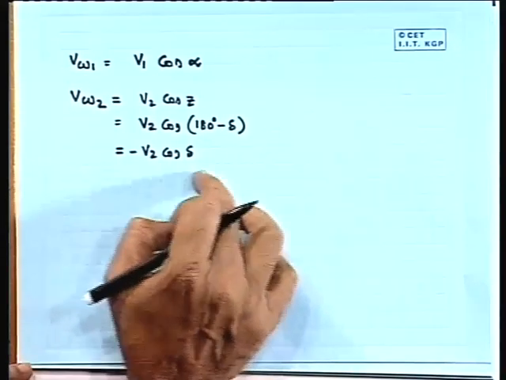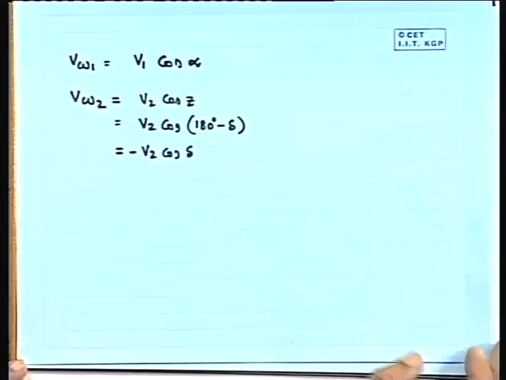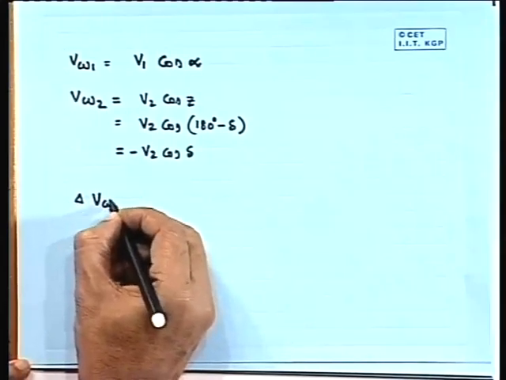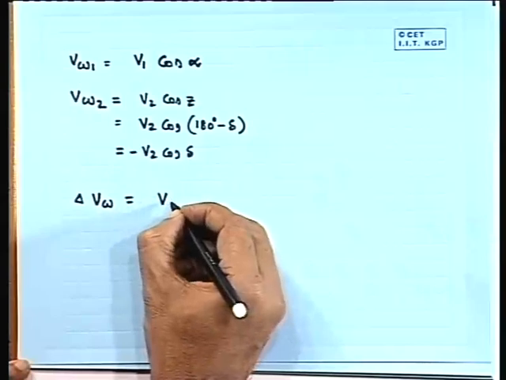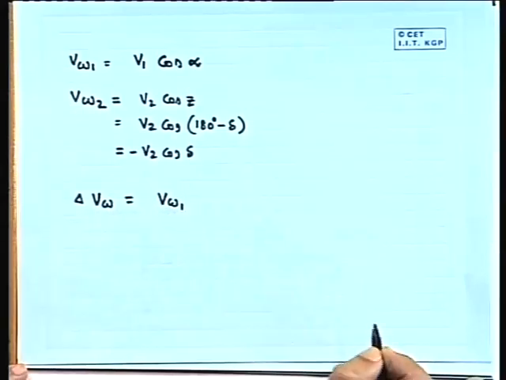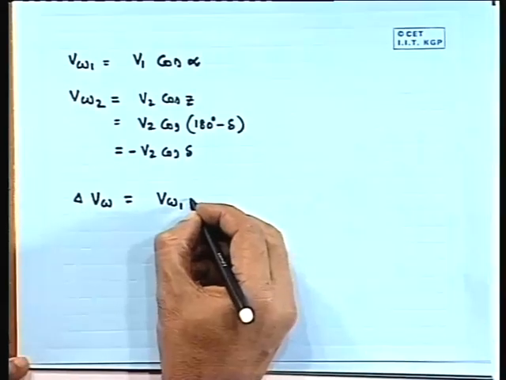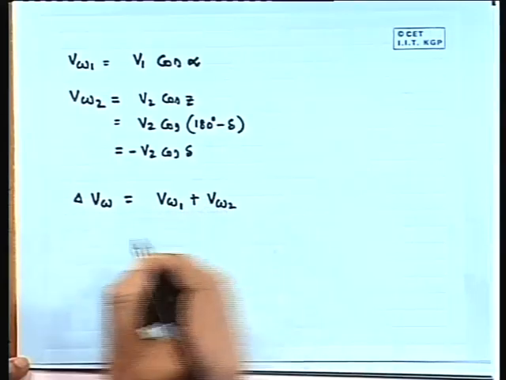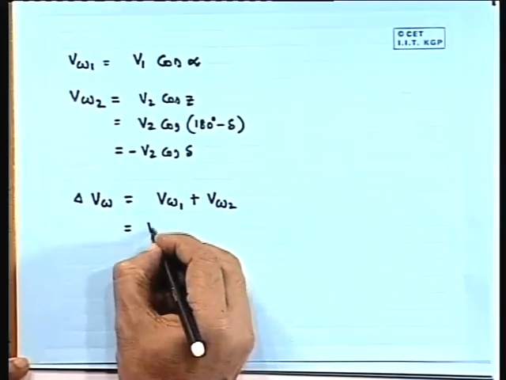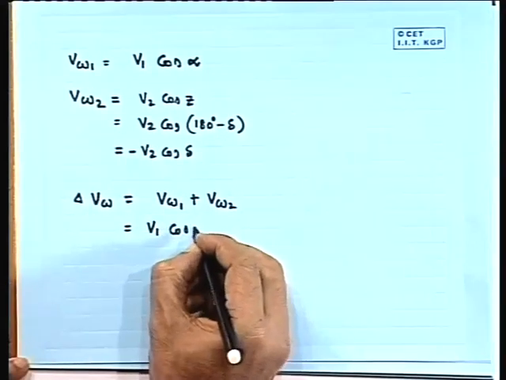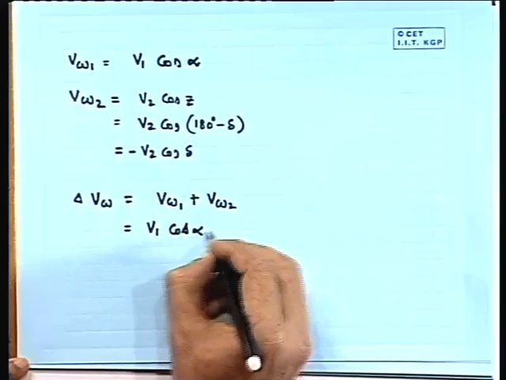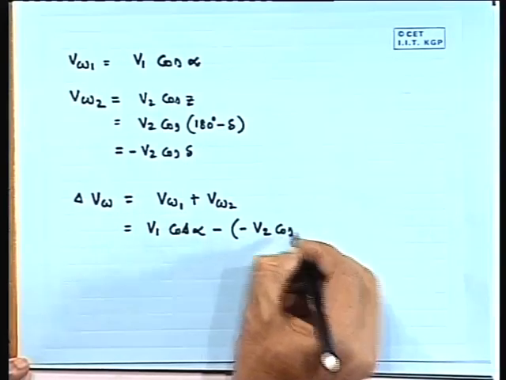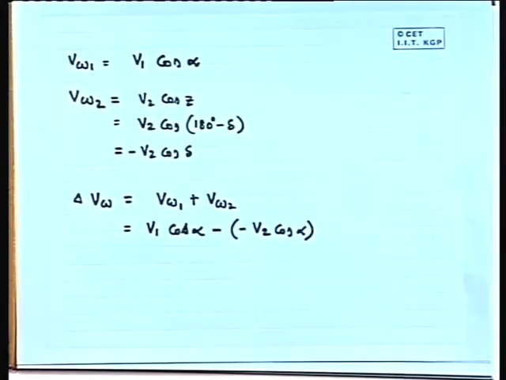All right. The magnitude will be V 2 cos delta, and then what we can get, delta V omega is equal to V omega 1 plus, magnitude wise, V omega 2, and then we can write it will be V 1 cos of alpha, then minus of minus V 2 cos of delta.